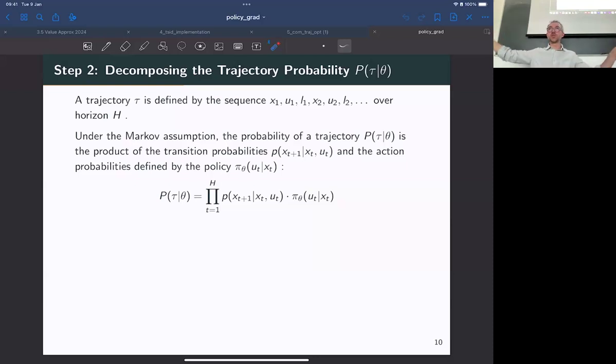So the overall probability of a trajectory, you can compute by multiplying this sequence of probabilities for every time step. And you have two probability distributions that affect the probability of a trajectory. One is the probability of the policy, because that's stochastic. And the second is the probability of the transition dynamics, which again can be stochastic in general in RL.